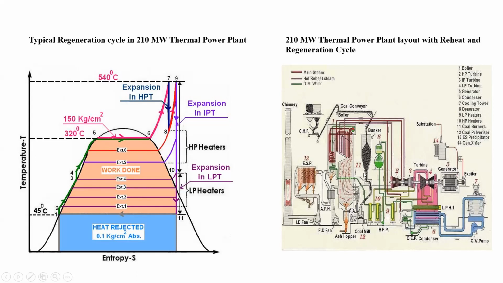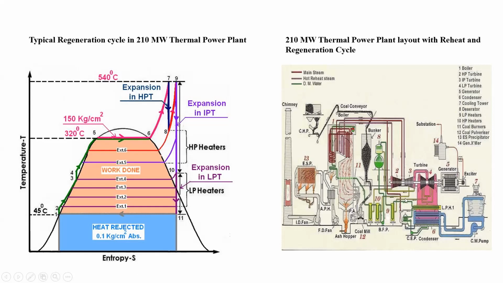So in the line diagram, in the actual diagram, we are seeing the turbine here. This is the first turbine, second turbine. After the first turbine, some of the extractions have been taken, and in the second also some of the extractions. So you are seeing this is the LP heater. Number 9, you can see the LP heaters. Number 10, you are seeing the HP heaters.